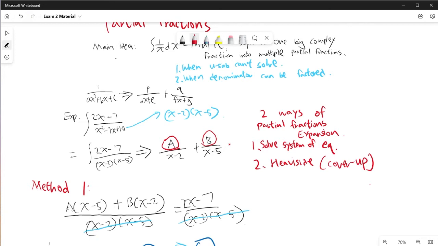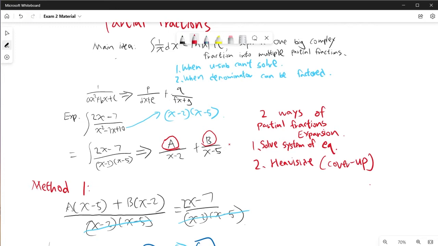It's a different way, similar, but it starts at a different point, so it's a little confusing to me. I use the system of equations all the time, but I have used Heaviside before. If you're interested, you should be able to search it up on YouTube. There should be great videos explaining it, and it's pretty convenient if you get it.